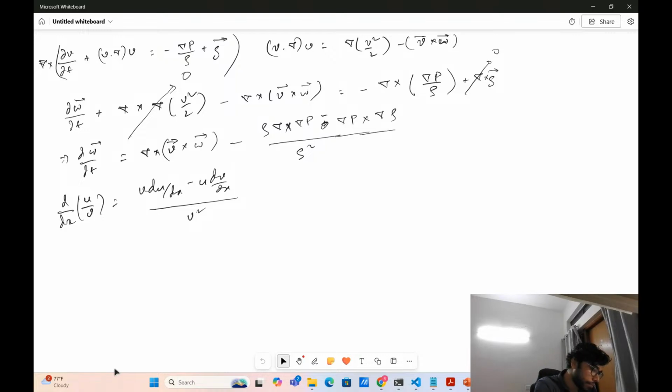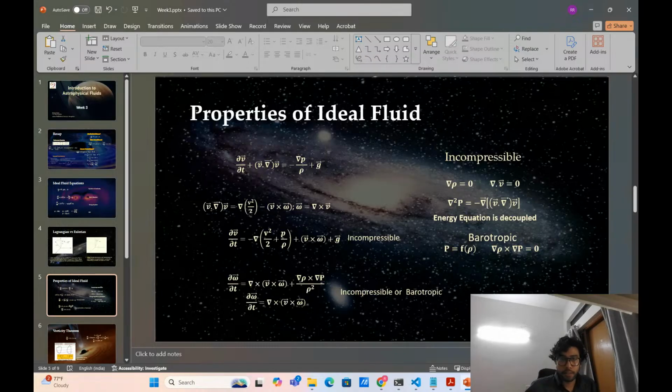So this del cross del p would become 0 again, and you are left with this term, del p cross del rho. Okay. So then this equation del omega/del t will become del cross (v cross omega) plus del p cross del rho divided by rho square. Right. So that's how you get this equation.